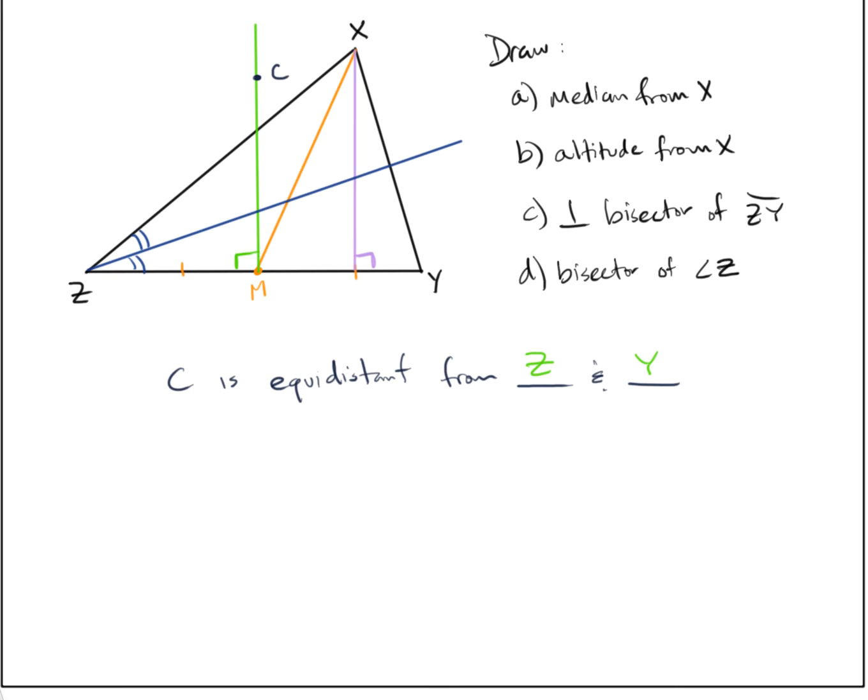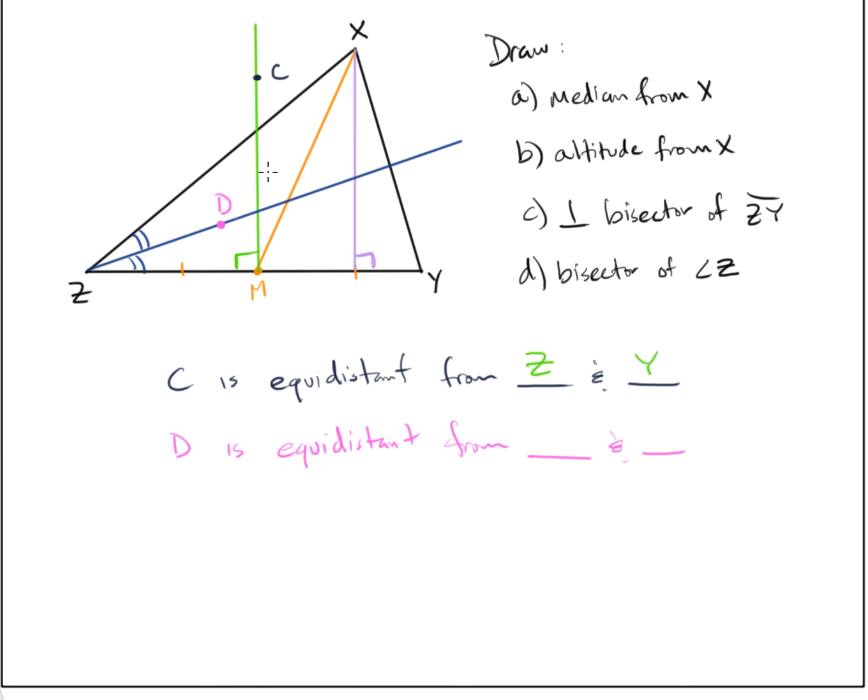Now what if I put a point on the angle bisector right here, this dark blue line that's bisecting angle Z? So let's put a point right about there. Let's call that point D. Point D is equidistant from what two things? This is where theorem 4-7 comes in. According to theorem 4-7, any point that's on an angle bisector will be equidistant from the sides of the angle that's been bisected.